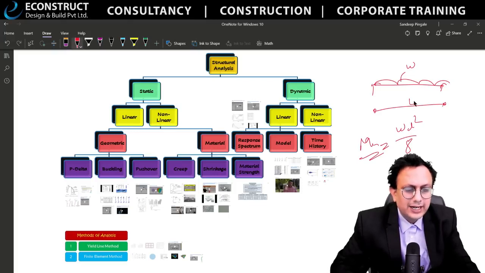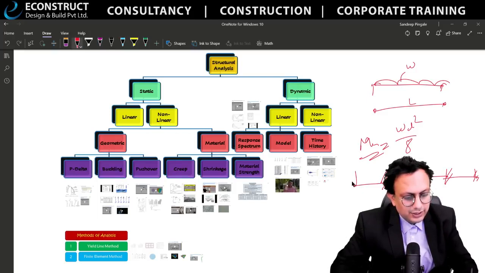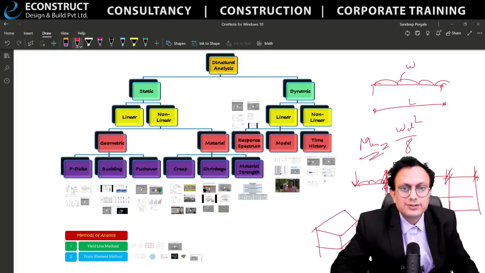So if you see that, whatever the determinate and indeterminate structure, the structure becomes a little complex if you are having something like this. If, let's say, you are having something like this where these are the fixed supports, the structure becomes even more complex. The structure becomes even more complex if you are having something like this, which is the space frame analysis.